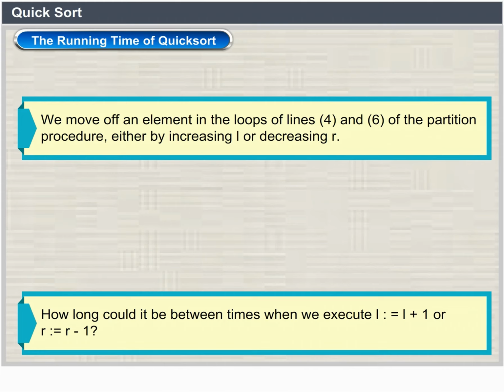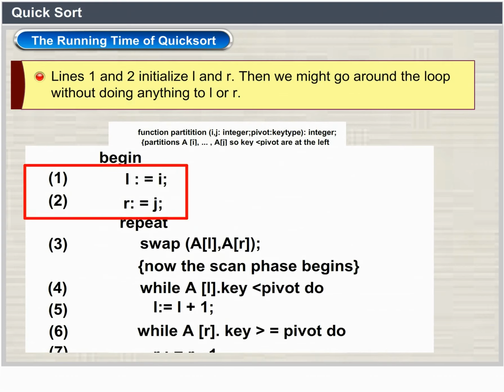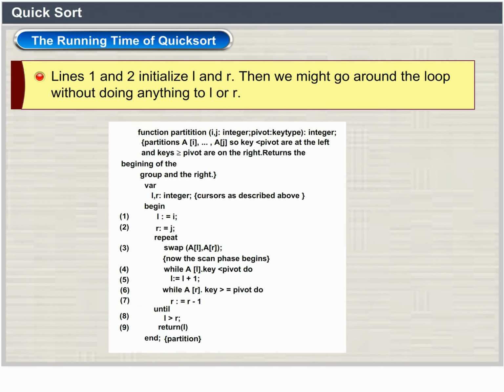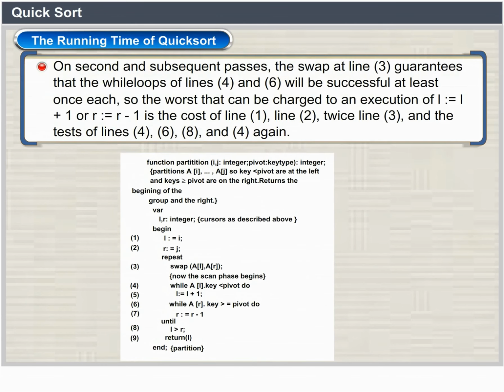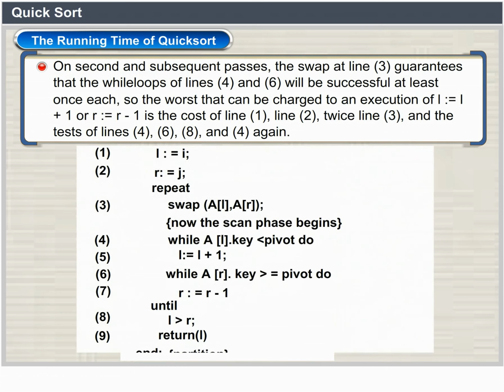Lines 1 and 2 initialize L and R. Then we might go around the loop without doing anything to L or R. On the second and subsequent passes, the swap at line 3 guarantees that the while loops of lines 4 and 6 will be successful at least once each.